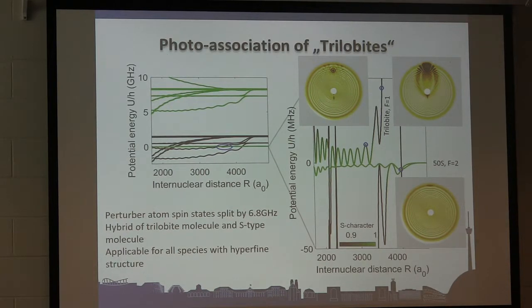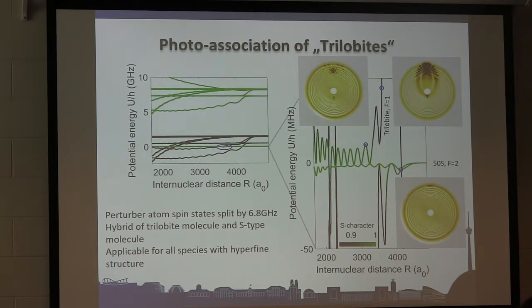And so we expect this signal to show up at positive detunings with respect to the line, so the potential is not going down as for all the normal Rydberg molecules, but it's actually going to the blue side.